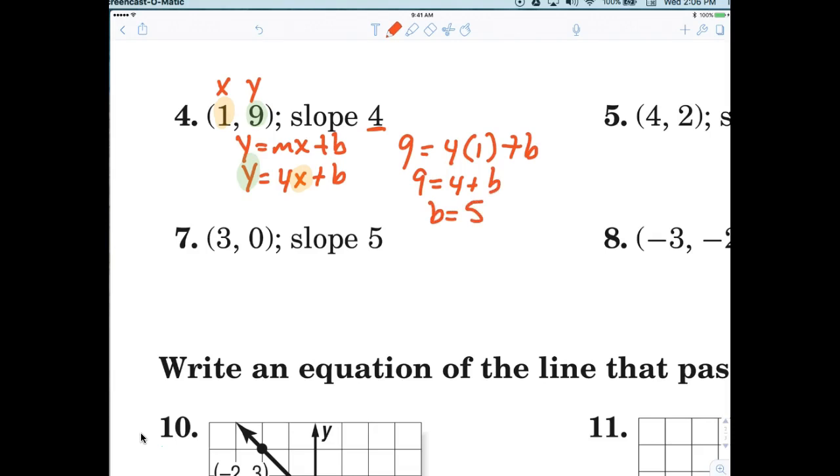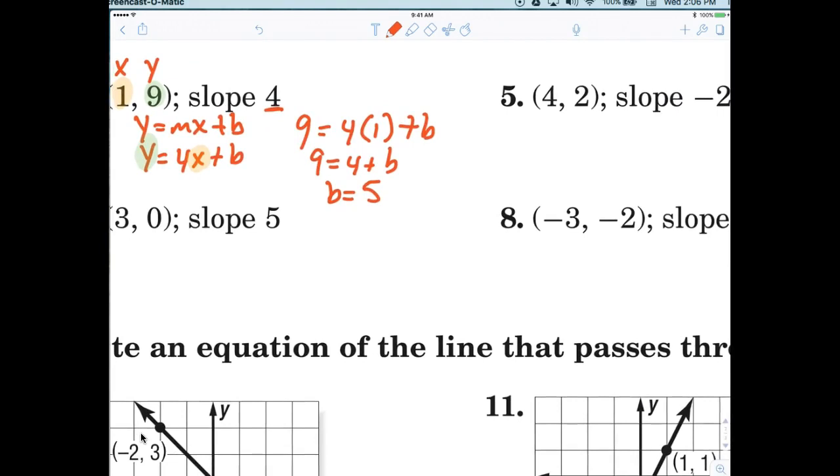So now that I know b is 5, the equation is y equals 4x plus 5. Is everybody happy with that? It's not that hard. That's called a medium problem.